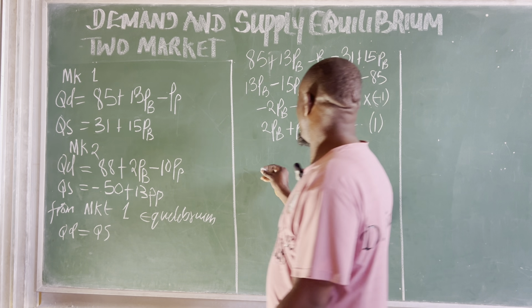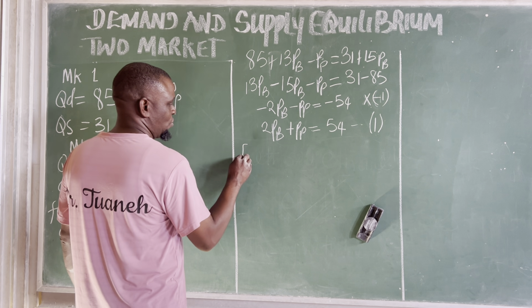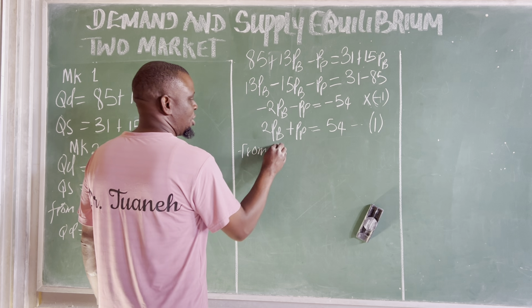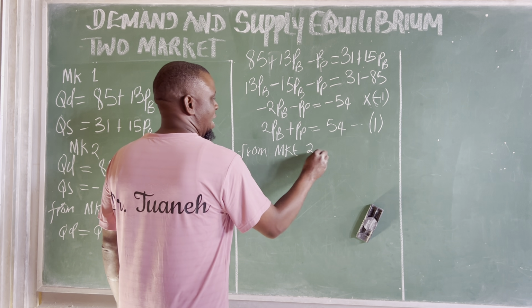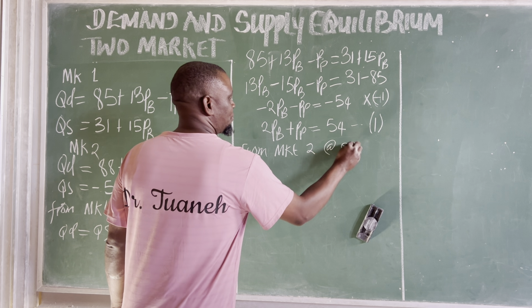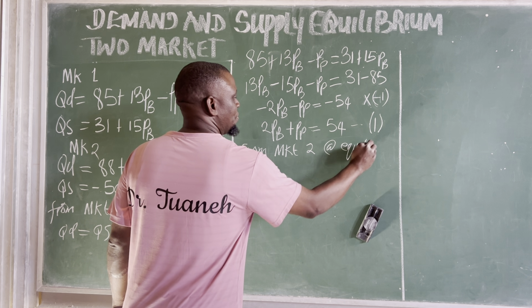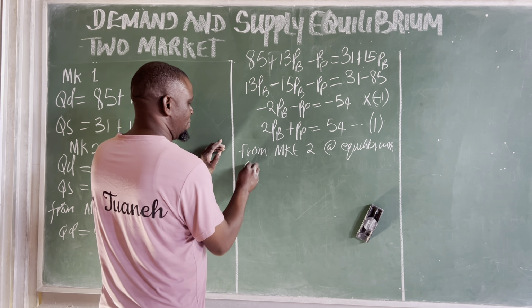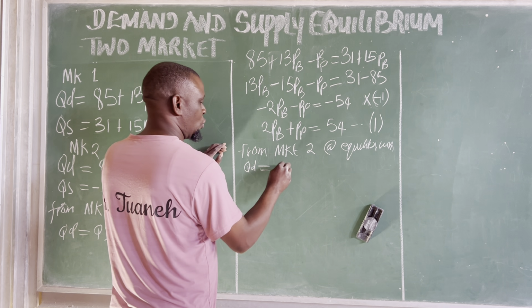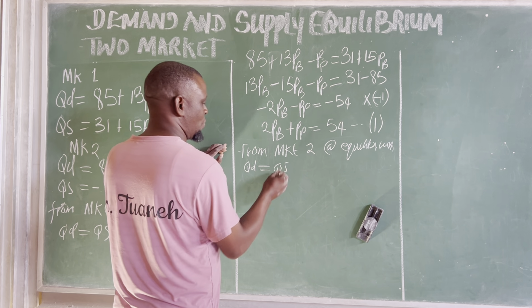Now, from the second market, let's do it this way. From the second market, call it MKT2, at equilibrium our quantity demanded will be equal to quantity supplied. Now, what is our quantity demanded in the second market?